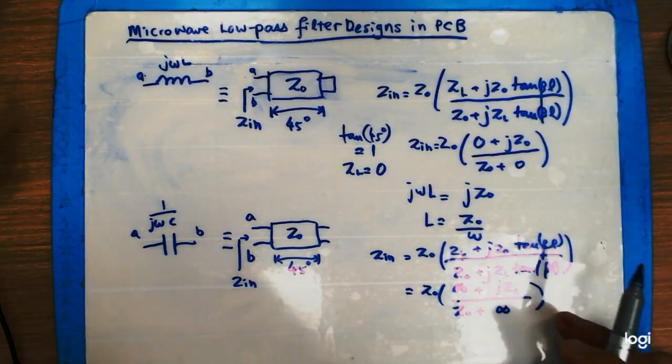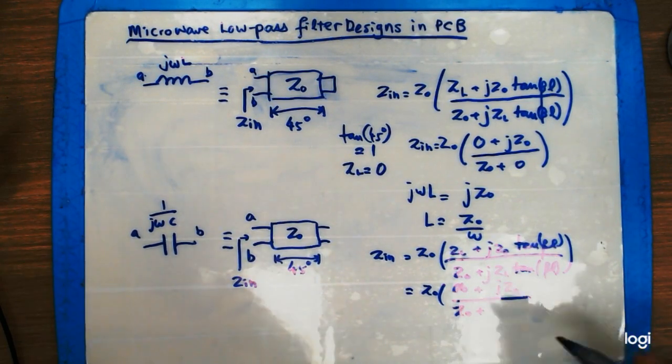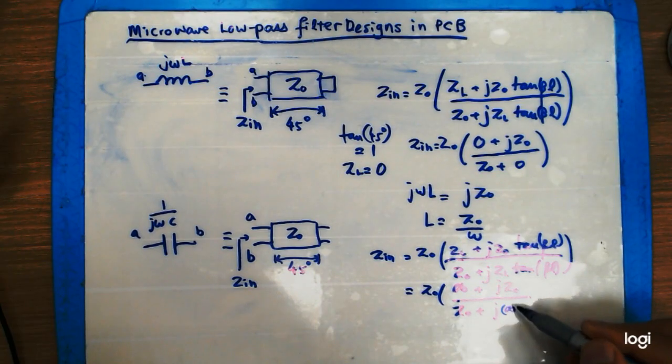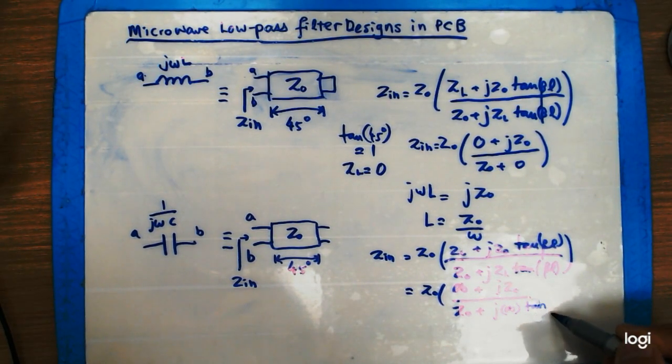By the way, we cannot do this. We have to do it carefully. jZ0 and then infinity and then tangent βl.